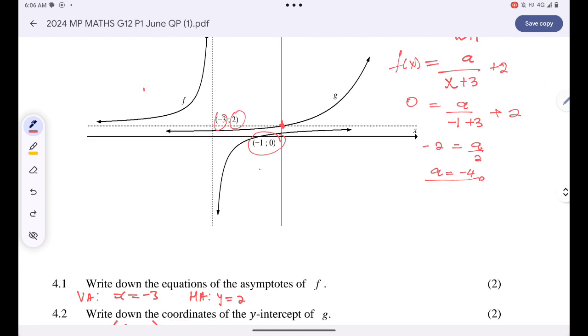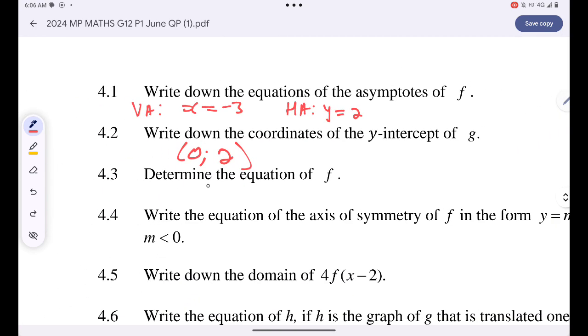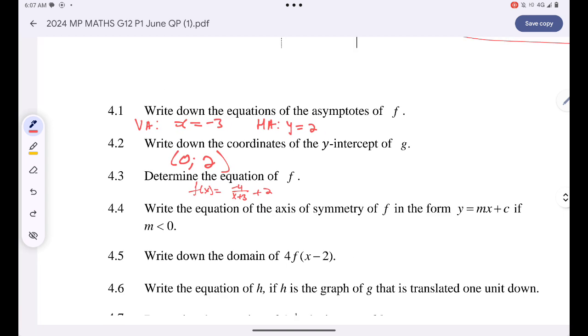So since a is equal to -4, therefore f of x is just -4 over x plus 3 plus 2. This is my function. So f of x is just -4 over x plus 3 plus 2.